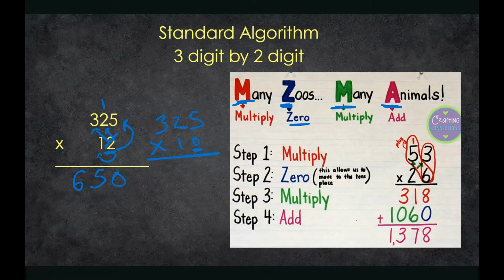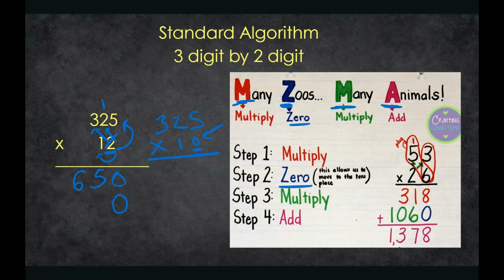It's a 0. So this is reminding us when we shift to the tens, we are going to be adding a 0 in the ones place as a placeholder. Because remember, we're multiplying this number by 10. There are no ones. So that's why we're adding that 0 there. And we will do that for every problem that we do that's double digit. We will always add this 0 in the second row as a placeholder.